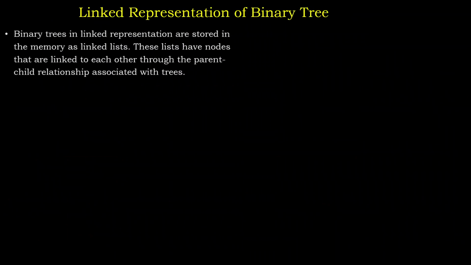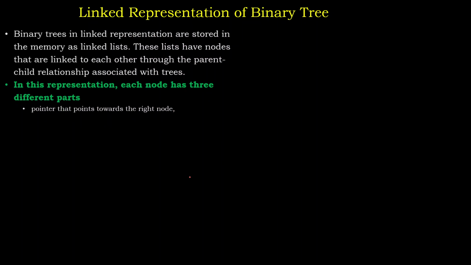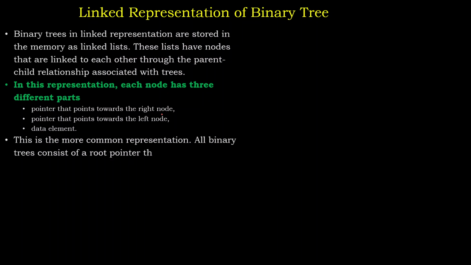Now we are going to talk about the linked list representation, also called linked representation. It is almost like a linked list, where we find different pointers. Through these pointers we link the left child node with the left pointer and the right child node with the right pointer, along with the value.